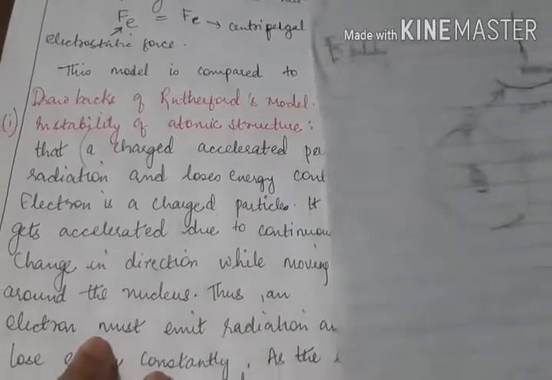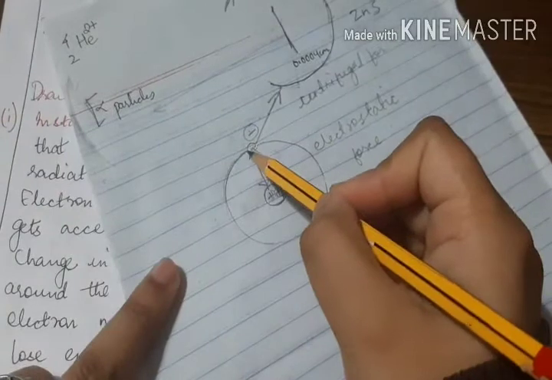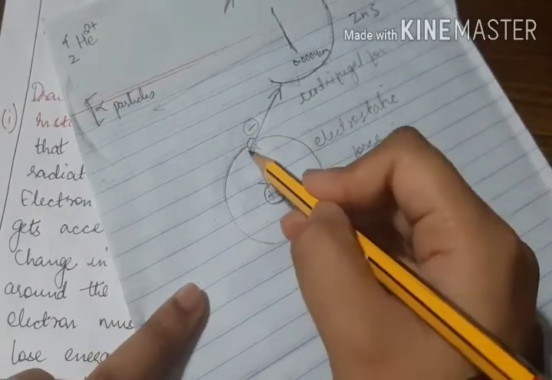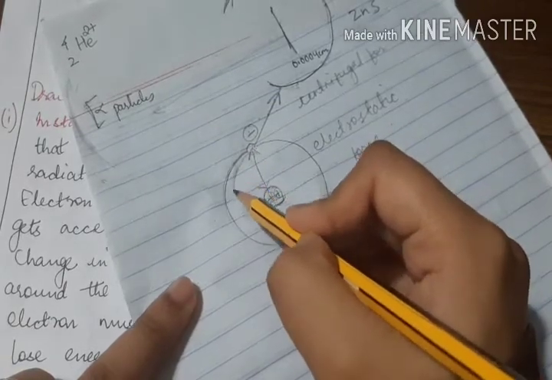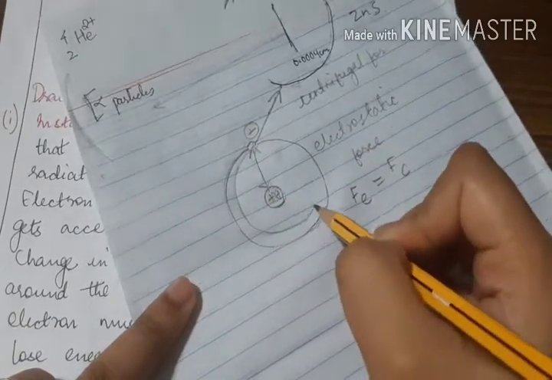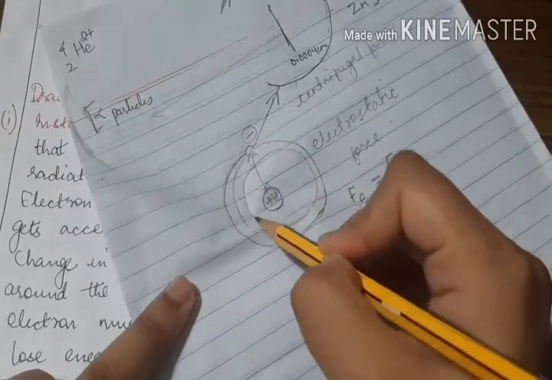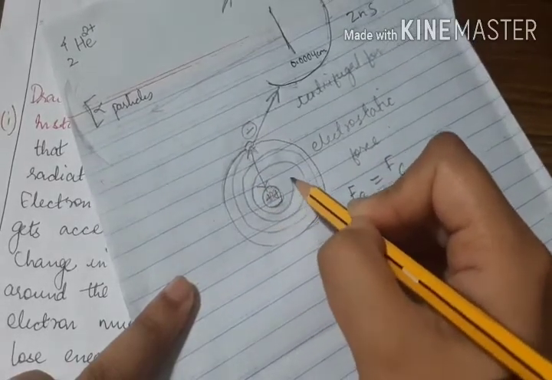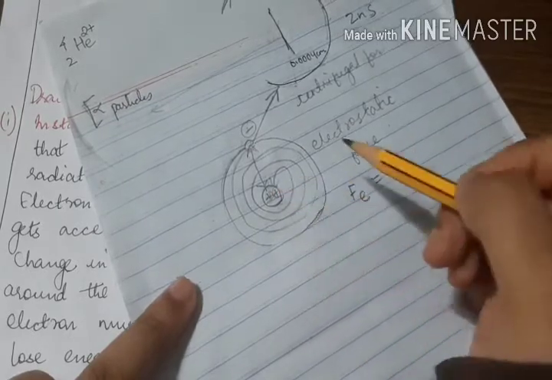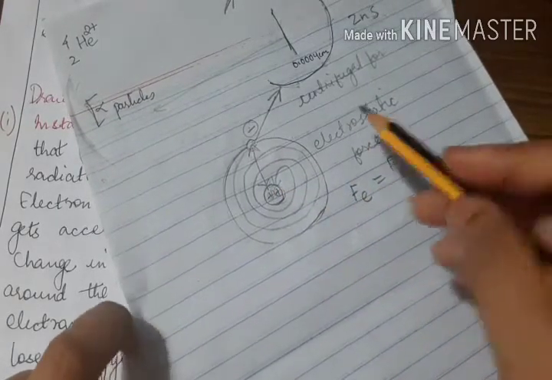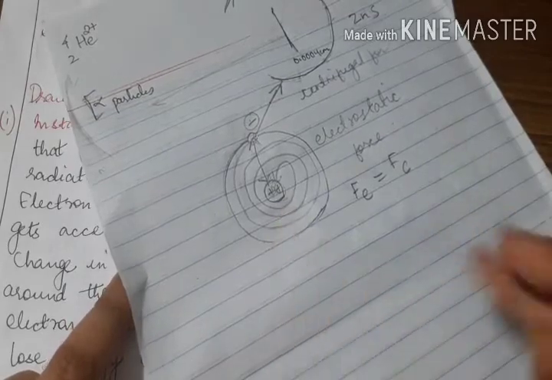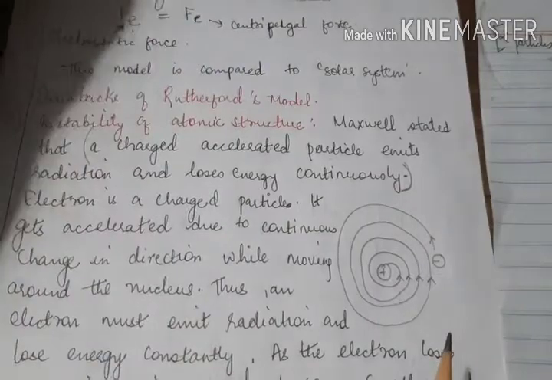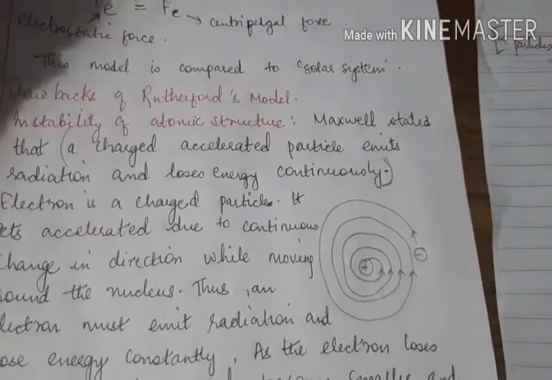If this happens, the electron will be forced to describe a circle of smaller and smaller radius. It will go in spiral mode and finally fall into the nucleus. But this does not happen. So the Rutherford model could not explain the stability of the atomic structure.